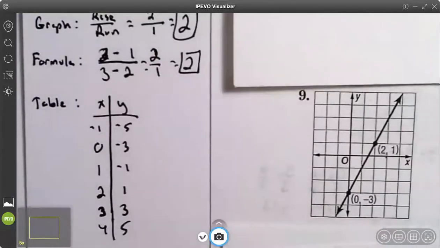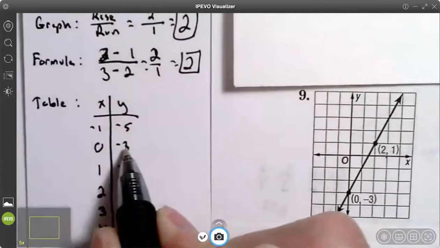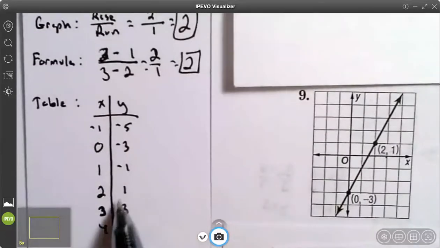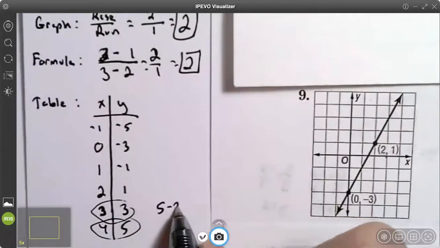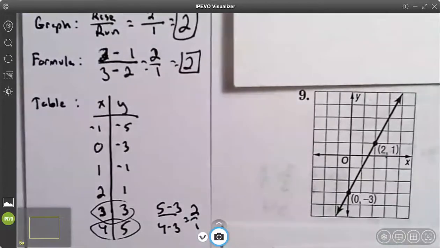I can take the difference in any of these. I could pick right here where my intercept is. I found the 0, which finds my intercept. I like positive numbers, so I'll just choose these 2 points. Doesn't matter, the difference in my y's over the difference in my x's equals 2.